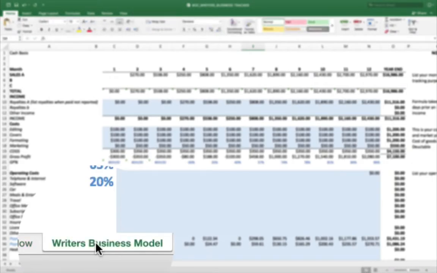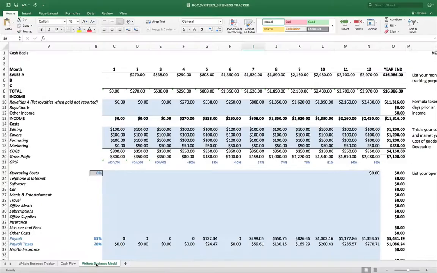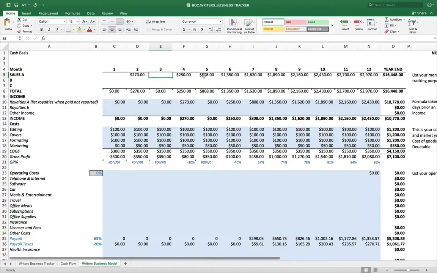And number 3, this tab is what we call the writer's business model. It is exactly the same as the first tab, and it is to be used for you to build out a business plan. So you can start out by writing what you expect to do as far as book launches, how many a month. Maybe it's not going to be every month, it's going to be every other month.